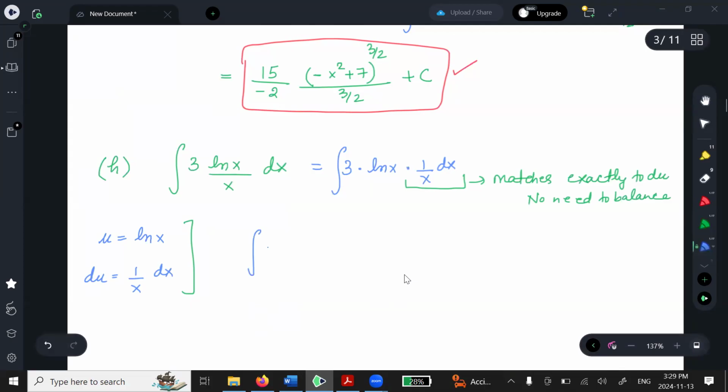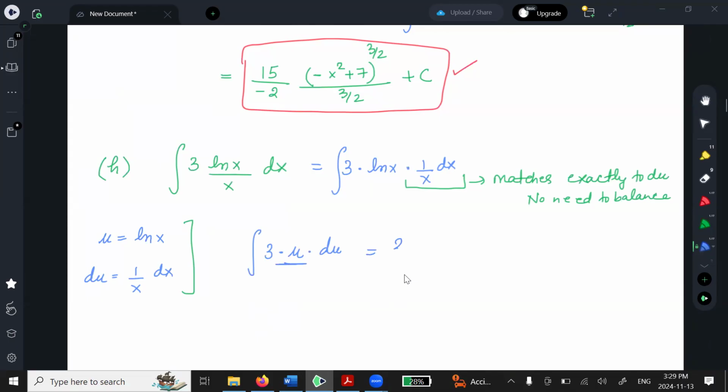So I got 3, replace the ln x by u, replace the everything else by du, right? And what is the integral of u? Everybody can do this in exam?